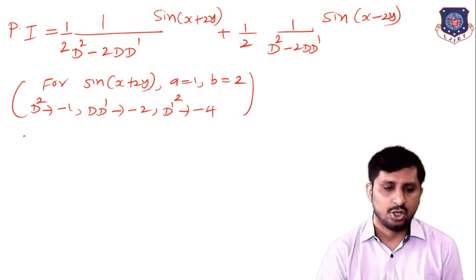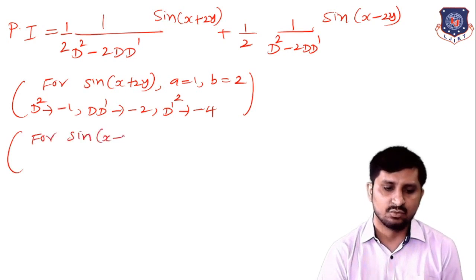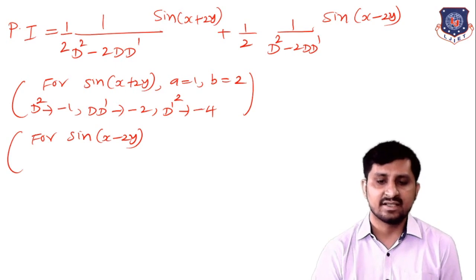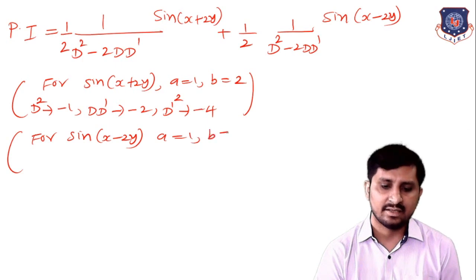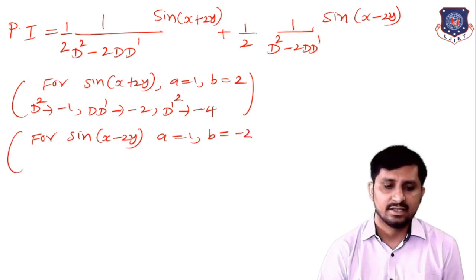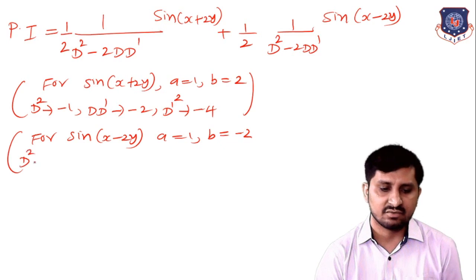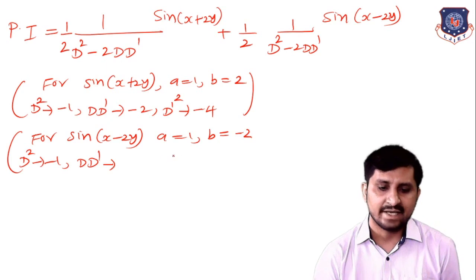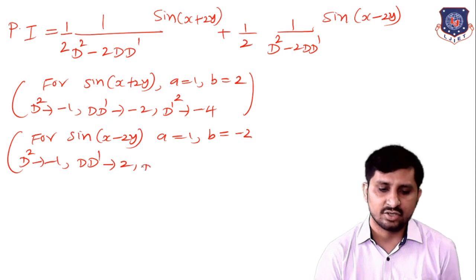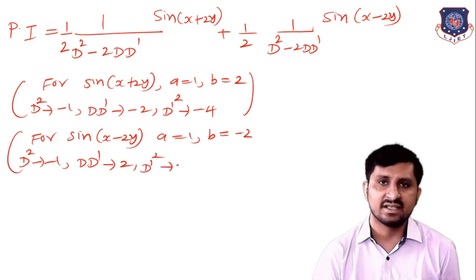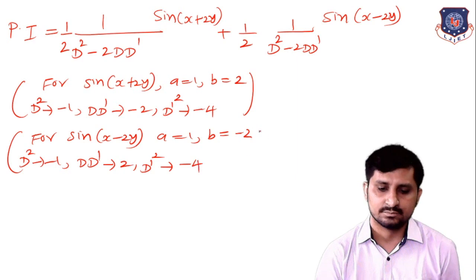For sin(x minus 2y), A is equal to 1 and B is equal to minus 2. So instead of D square you have to take minus 1, instead of D into D dash you have to take minus AB, so minus 1 into minus 2, that is 2, and instead of D dash square you have to take minus B square, so that is minus 4. So you have to apply this rule.